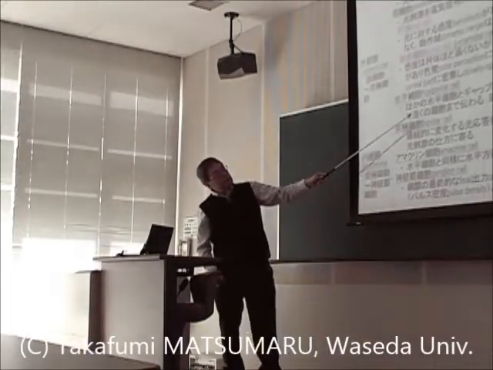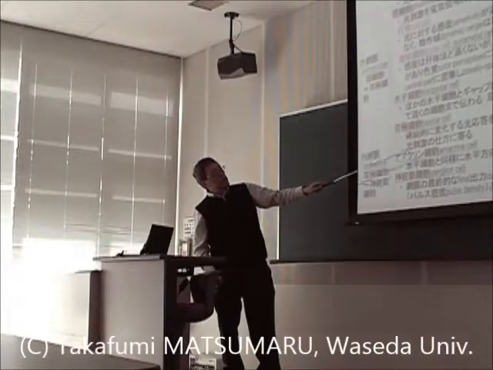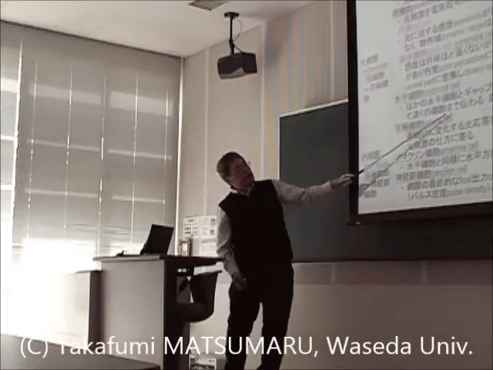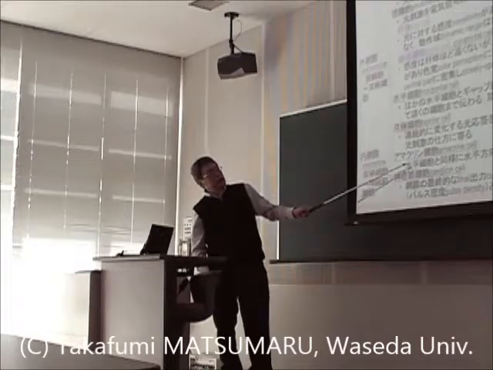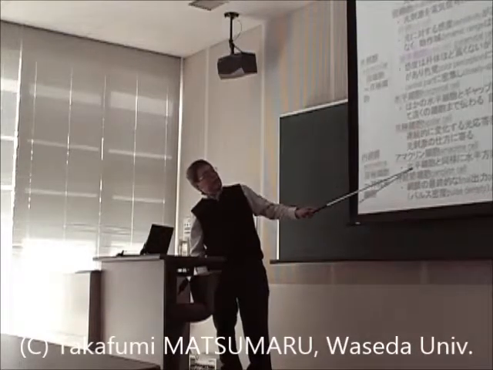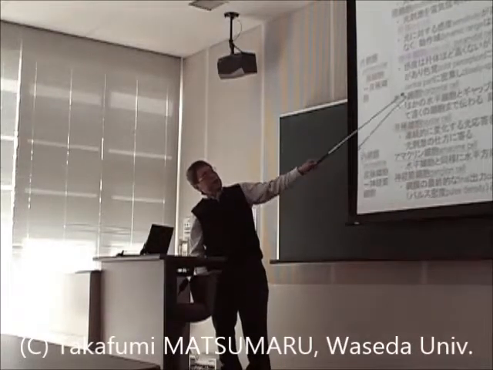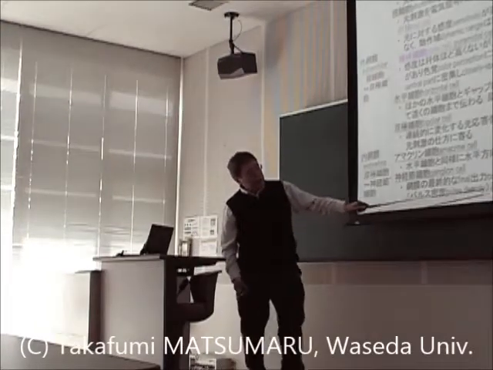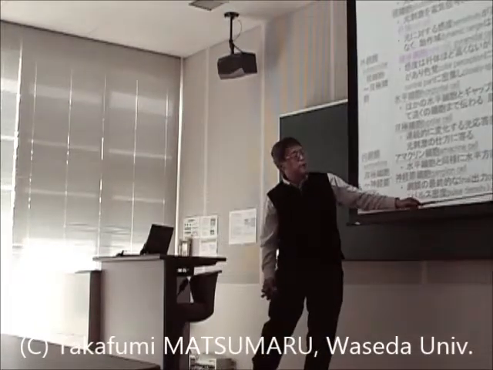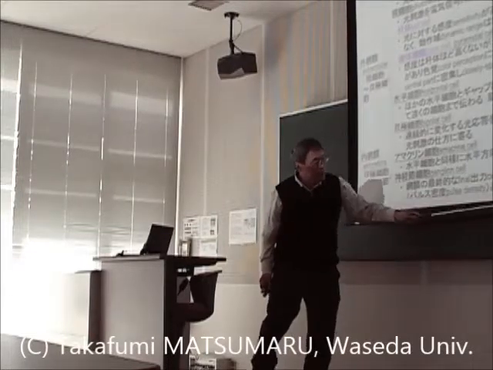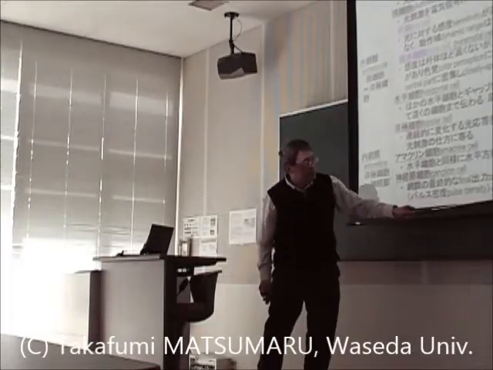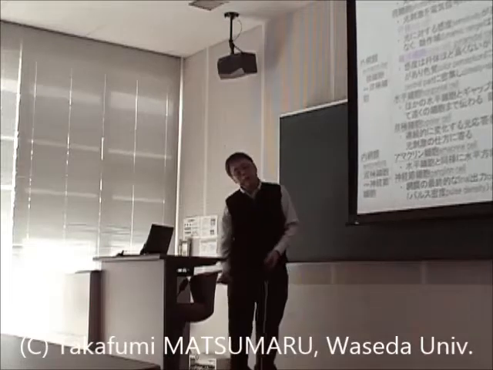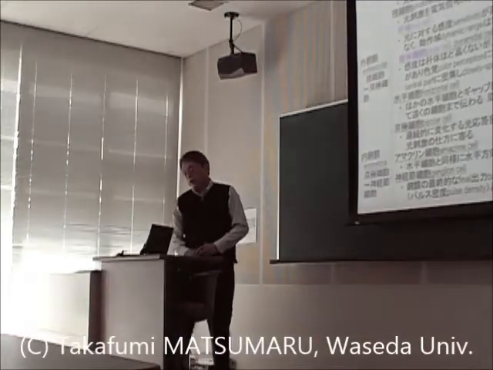Horizontal cells, bipolar cells, and amacrine cells do some kind of information processing around here, and then finally the ganglion cell fibers, the optic nerve, have axons, and this action potential is transferred to the brain.